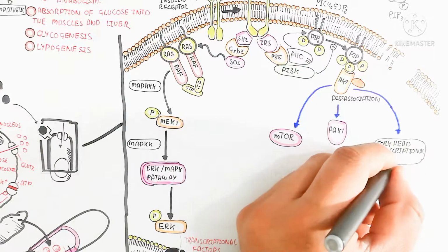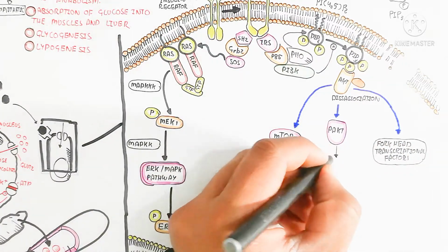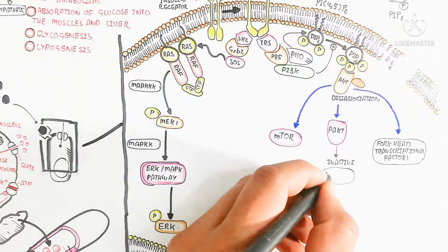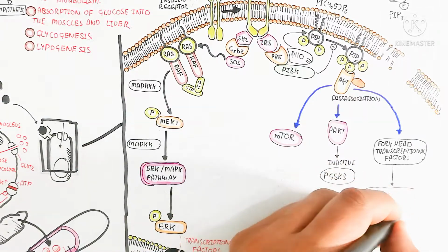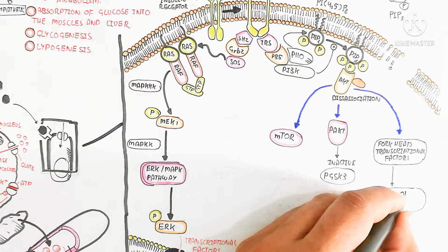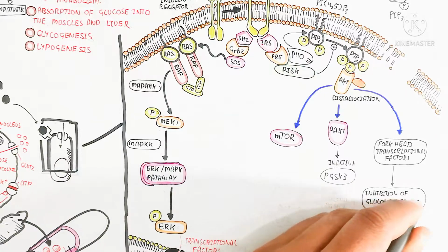On the other hand, here is the mTOR pathway. The mTOR pathway is also triggered through the AKT protein. And on the other hand, the forkhead transcriptional factor.